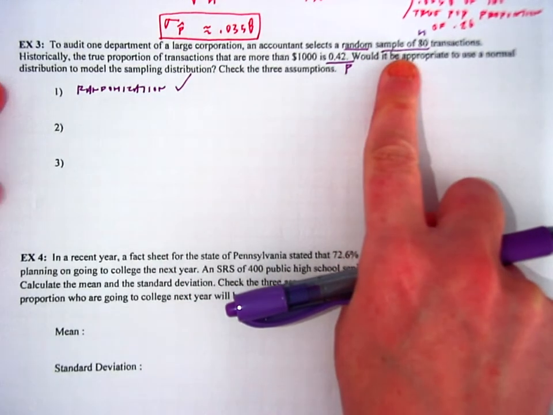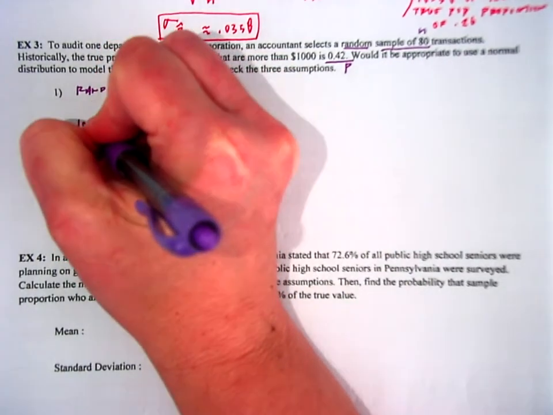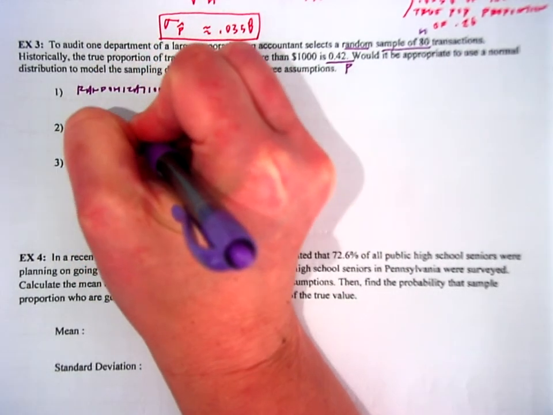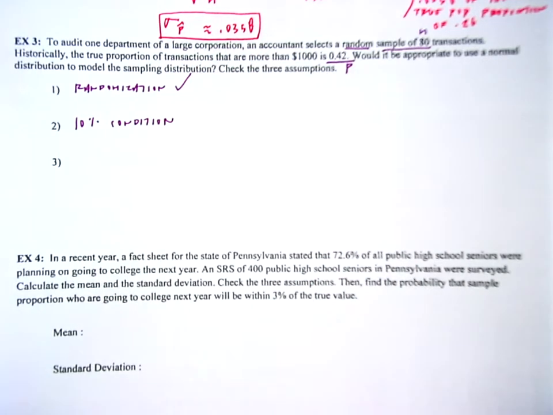Well, no, it's not explicitly telling us anything, but we need to see if we can kind of just assume that our sample size would be less than 10% of our population. So in this context, do we think that 80 transactions would be less than 10% of the total transactions for a large corporation? And if we're going to say, yeah, that seems reasonable, then we can check this off.